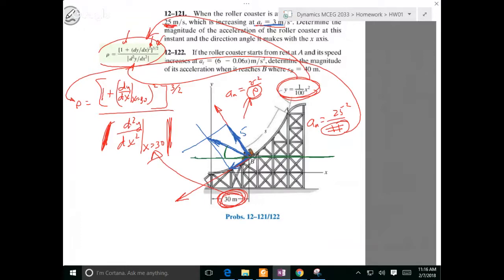But if you want to match the back of the book and you're one of those type people, which I am too, if I was up here working it in front of the class, I would probably go ahead and do it. But in the grand scheme of things, I wouldn't think it would be that big of a deal. If you can get the AN and the A, well, you're given AT, so never mind that. That's 3. So does that sort of make sense?